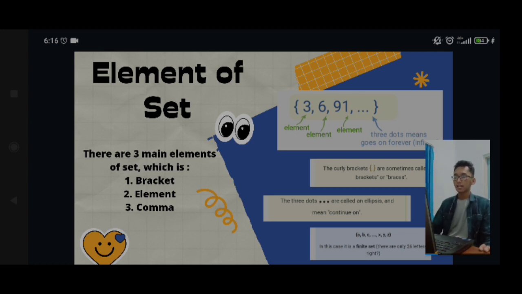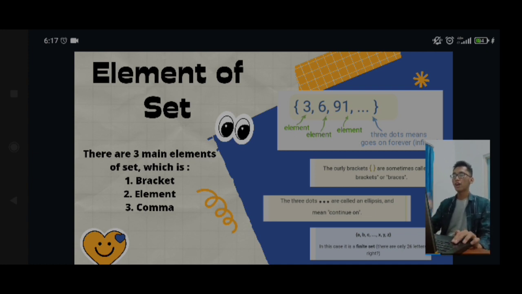For example, in this case it is a finite set, which has 26 letters of the alphabet: A, B, C, D, E, going on until Z. Instead of writing all of the members of the alphabet, which is very large, we can use an ellipsis in the middle of the set, and then write the last member or last elements of the set, X, Y, and Z. That's why we can use an ellipsis in a finite set.